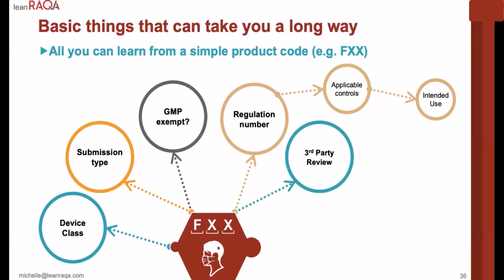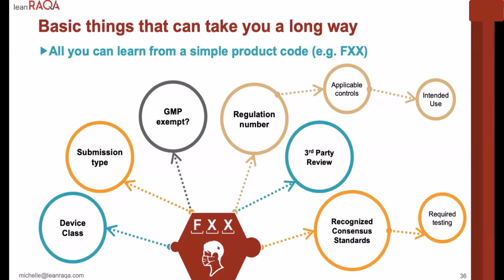We can learn if it's eligible for a third-party review and if there are any recognized consensus standards. Now, recognized consensus standards are really critical to the success of your product development because they can inform required testing. And ultimately, your required testing and acceptance criteria for that testing can inform minimum design specifications.